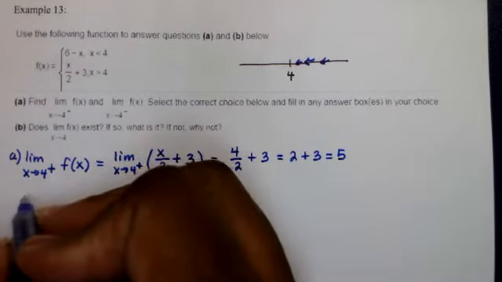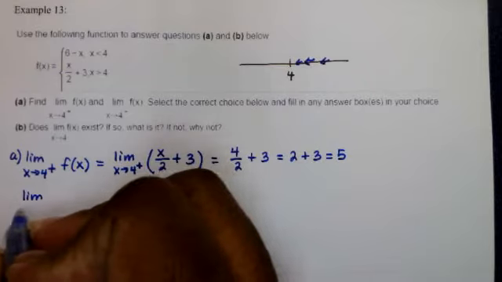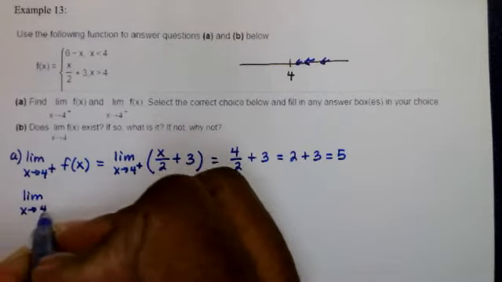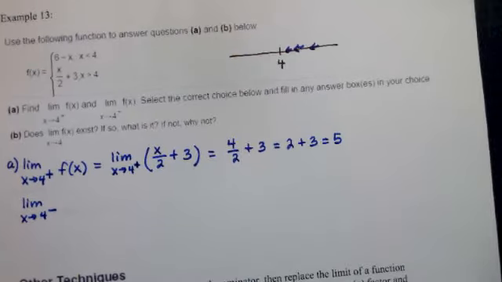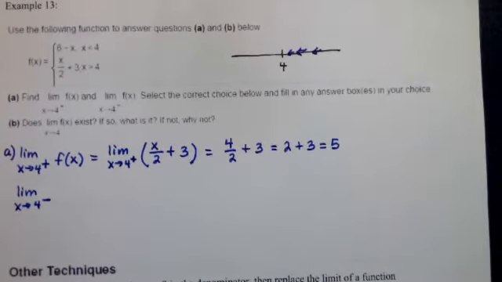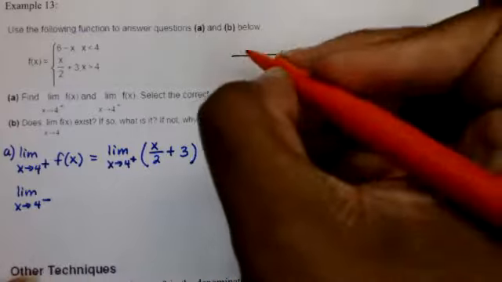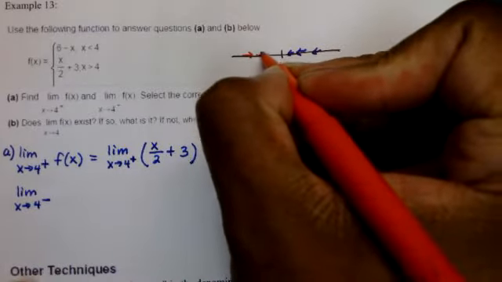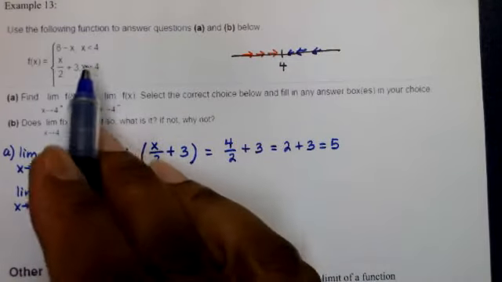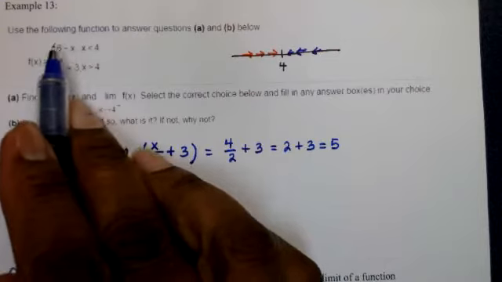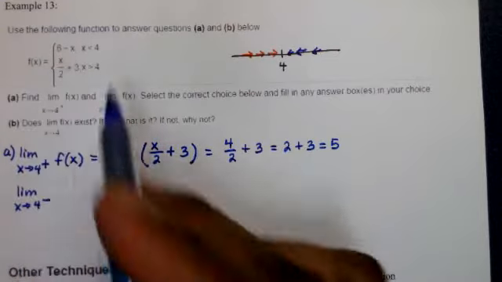The other part is the limit as x approaches 4 from the left. This time we're coming from the left of 4. We're going in this direction. That means your x values must be less than 4. And if your x values are less than 4, we must use this expression, 6 minus x.